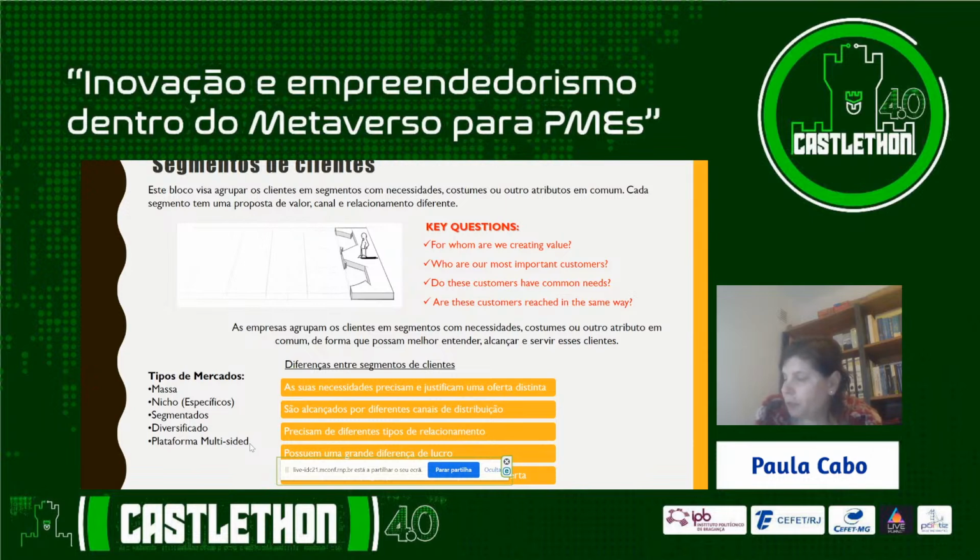And multi-sided platforms are very common when the companies serve two or more market segments, but they are interdependent. For example, if you think about Airbnb, we have a market segment that is the hosts, the owners of the houses, the homes, and then we have the tourists, the guests that use that home.